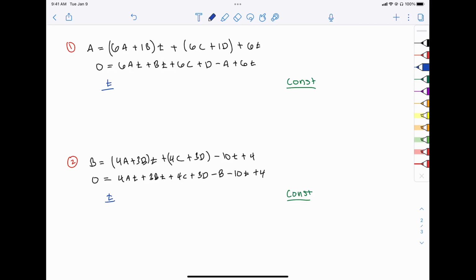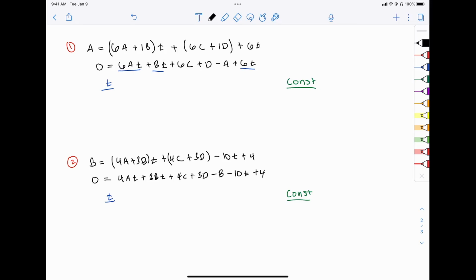our constants and t's. So, like here, we have 6at, bt, and 6t. Those are all terms that have t. And then why did I go ahead and make it 0? Well, because all these are going to equal 0.